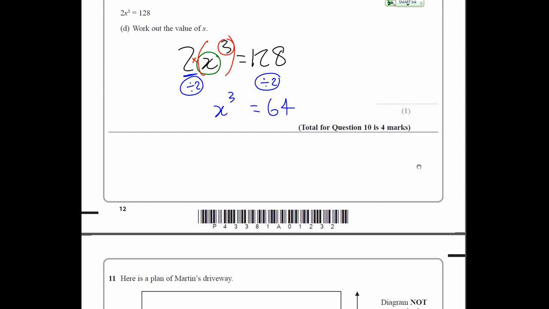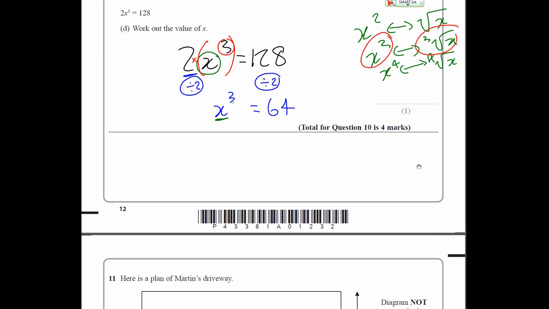Now, if you want to get x from x cubed, you have to do the cube root. So the opposite of x squared is the square root of x. The opposite of x cubed is the cube root. The opposite of x to the 4 is the 4th root, etc. The one we're interested in is the opposite of x cubed, so we're going to do the cube root, and that's the button on your calculator.